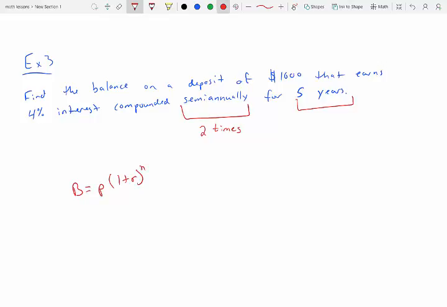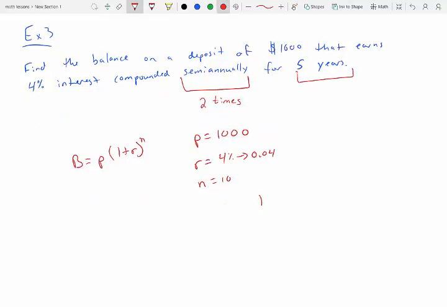So let's fill out what we know. My P equals $1,000. My R is 4%, which is actually going to be 0.04. And my N is my years times semi-annually, so 10, 5 times 2. And if I fill in my equation now, my B equals principal of 1,000 times 1 plus R, which is 0.04, raised to the 10.